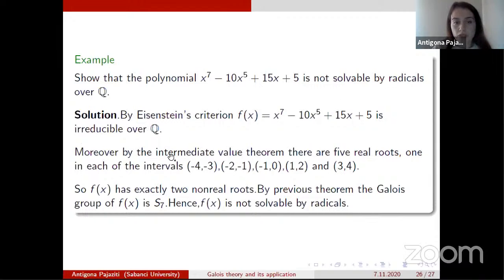So this polynomial is irreducible over the field of rational numbers. Moreover, by using the intermediate value theorem, there are 5 real roots, one in each of the intervals here: minus 4 to minus 3, minus 2 to minus 1, minus 1 to 0, 1 to 2, and 3 to 4. So we found 5 real roots, and the degree of this polynomial is 7, so there are exactly 2 non-real roots.